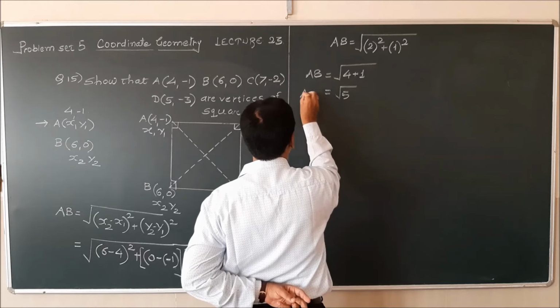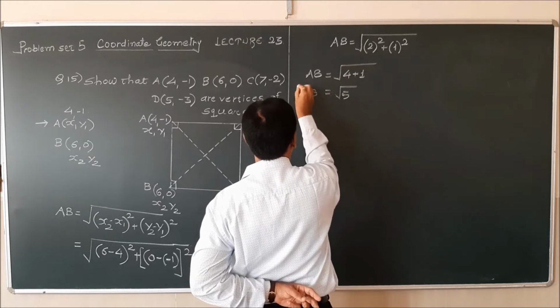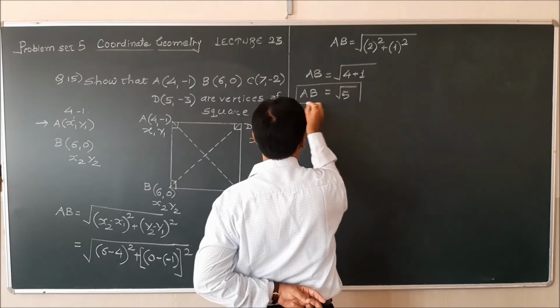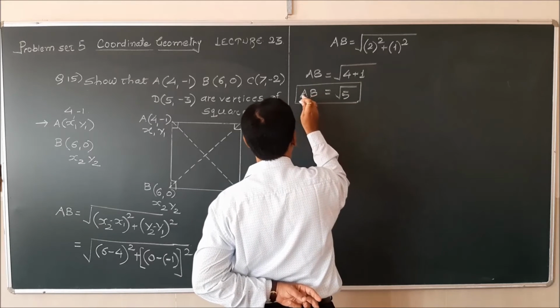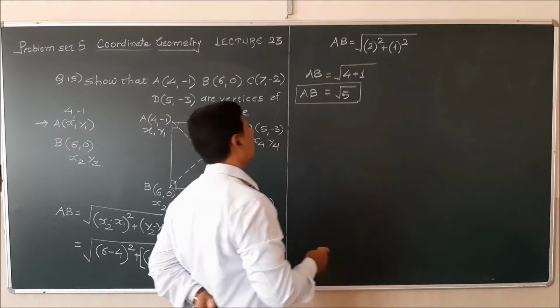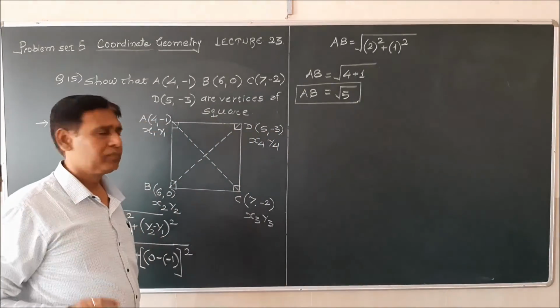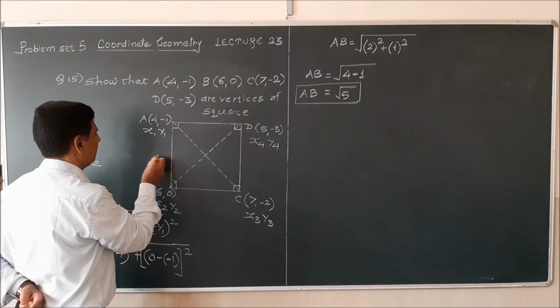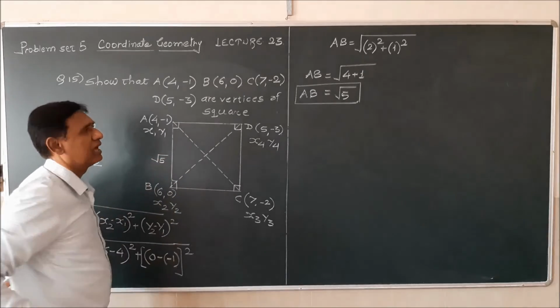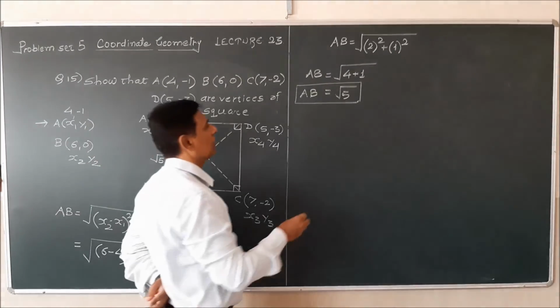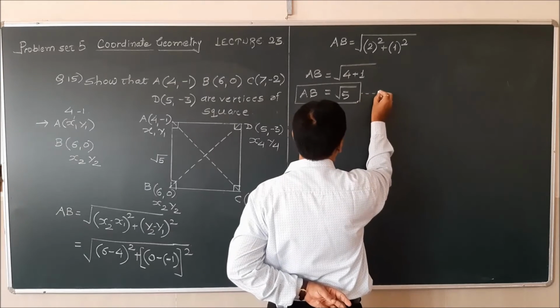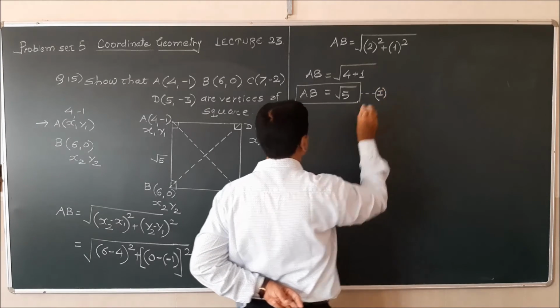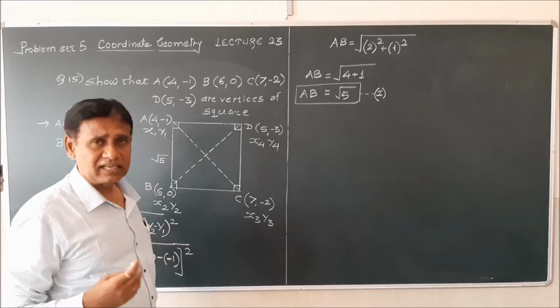So you will get AB as root 5. Okay, so I'll write over here for the sake of convenience AB as root 5. Let's call it as 1. So likewise, how many sides do I have to find out?